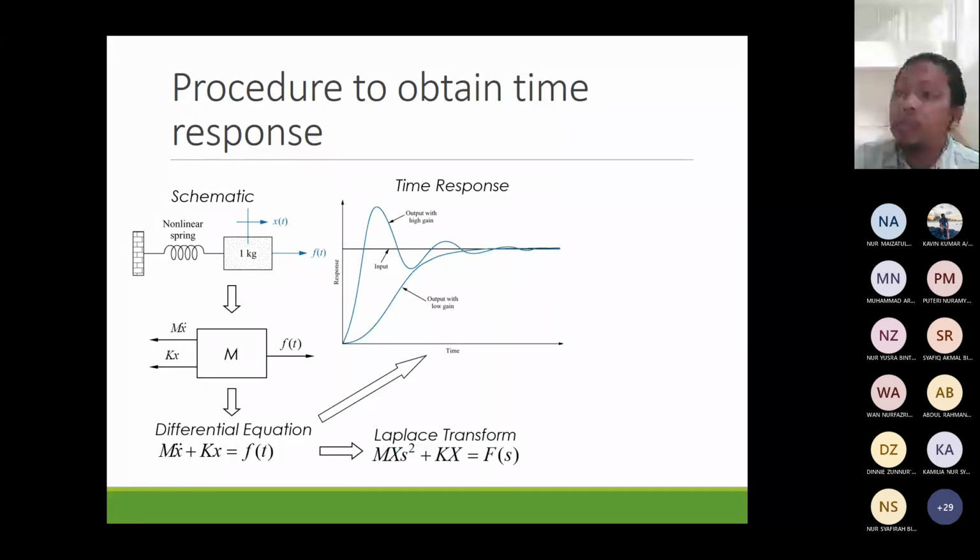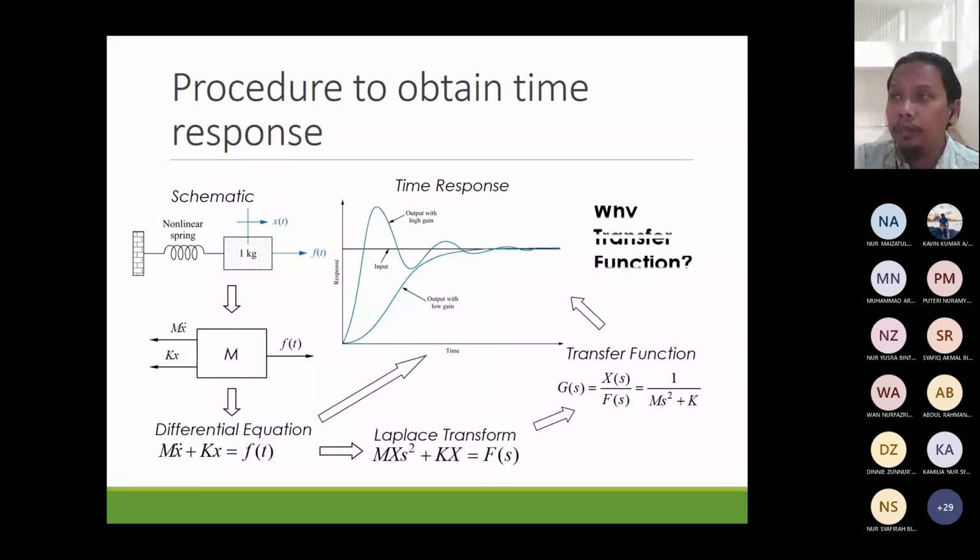Sometimes the differential equation is difficult to solve manually, so we have to use Laplace transform. When we apply Laplace transform, the equation becomes in the frequency domain. Then we apply the concept of transfer function, which is to separate the input and output to get the transfer function.